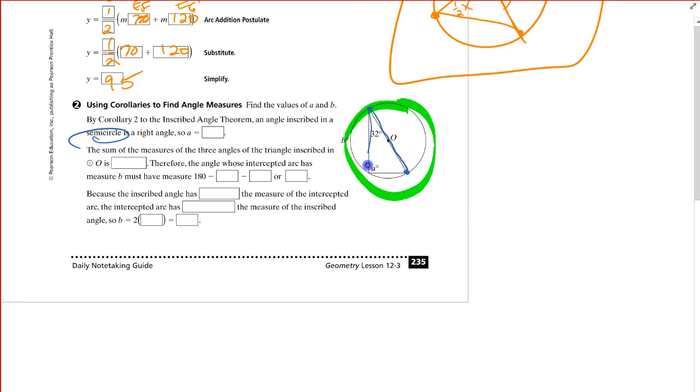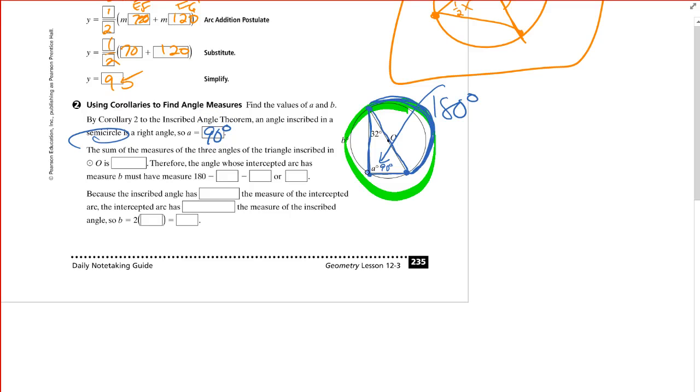So any angle that is formed with endpoints at the ends of the diameter will be half of the intercepted arc. Well, how much is half of a circle? Well, that's 180. And now half of that arc becomes our angle measurement in here. So now we've got angle A equal to 90.